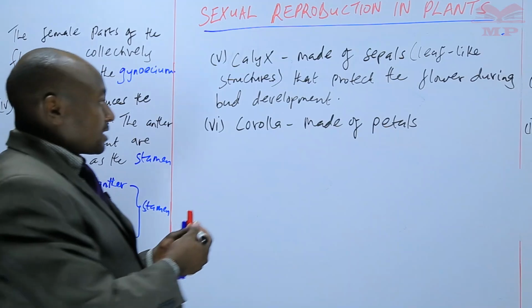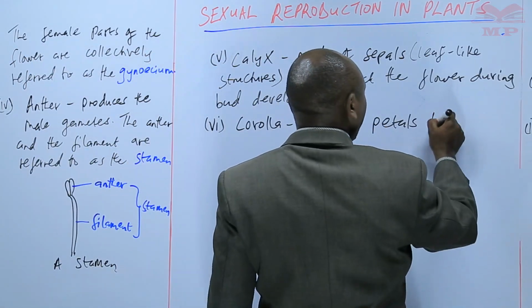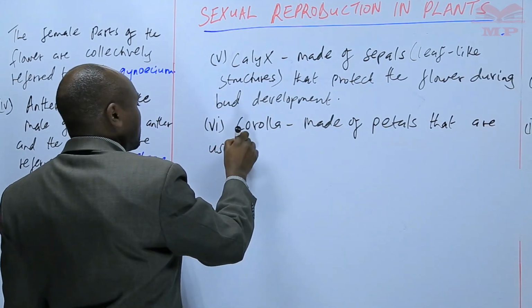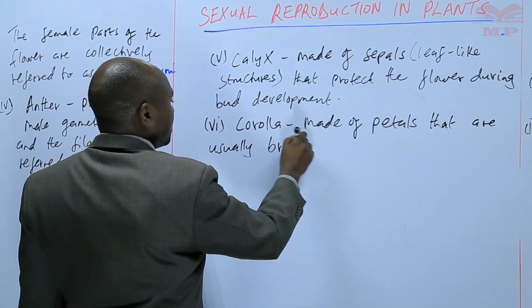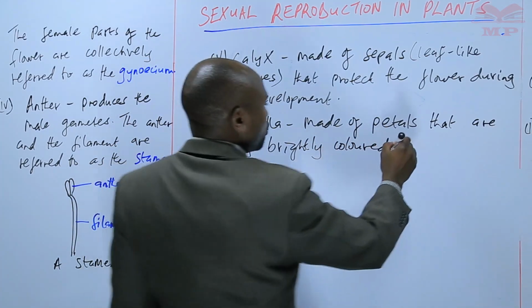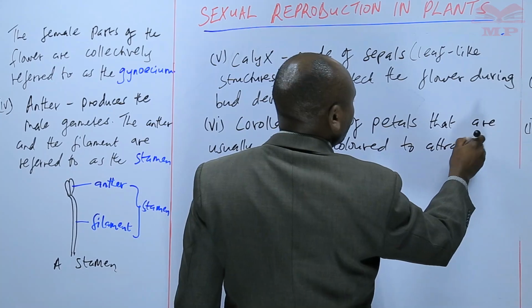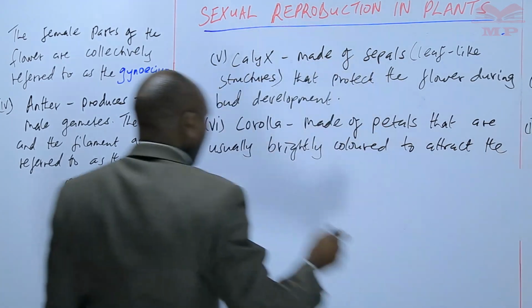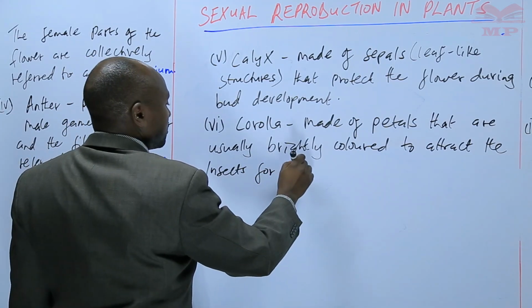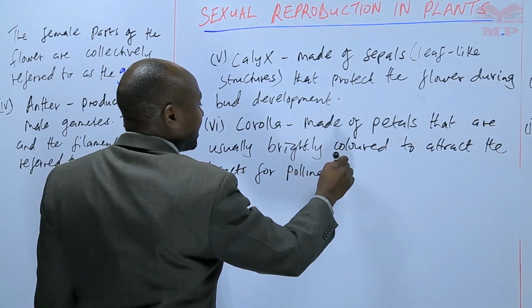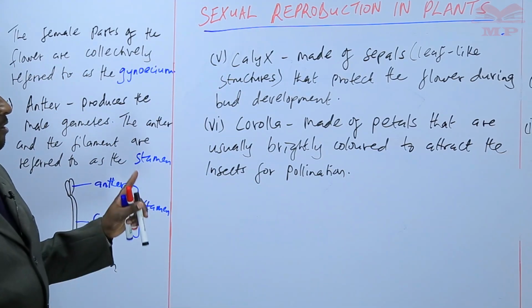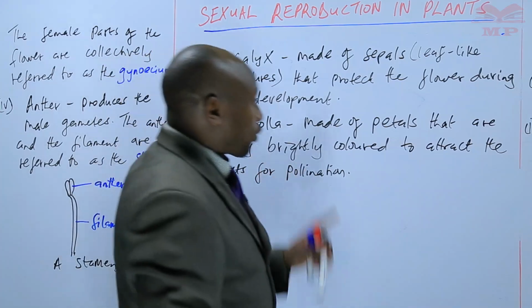So in this case, we are saying that the corolla is made of petals that are usually brightly colored to attract the insects for pollination. So insects are mainly attracted by the petals, and those petals collectively form what is called the corolla.